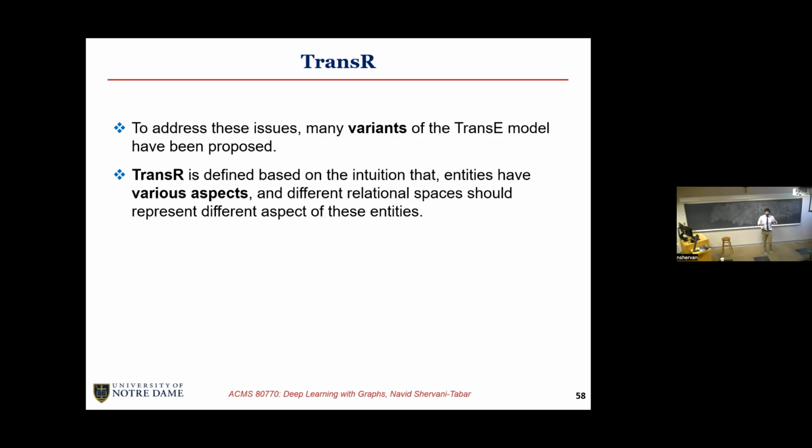So we need to learn a node embedding, an edge embedding, and together with that, we need to learn a projection matrix. So we don't translate nodes using vector R in the same space. We use different vector spaces, and we learn how to project our nodes into those vector spaces. That's what trans-R is.